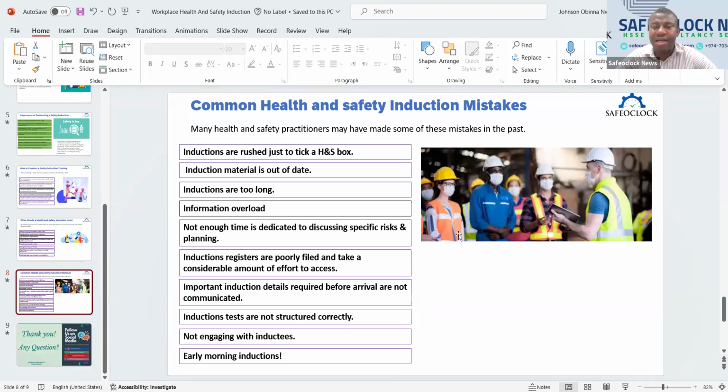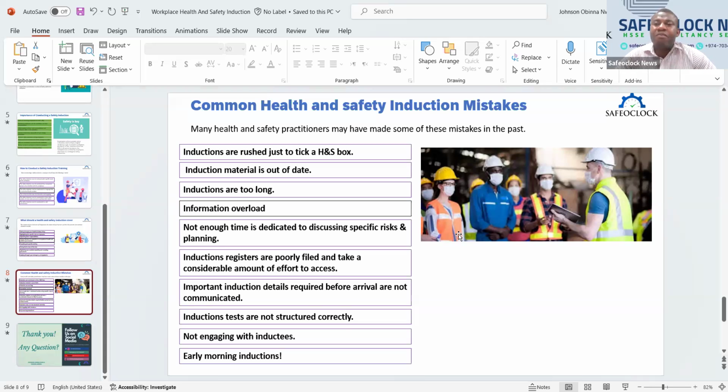Another mistake that health and safety professionals make is that important induction details required before arrival are not communicated. For instance, you require the inductees to have their PPE. Maybe you have some mandatory PPEs like coveralls, safety jackets, safety helmets, safety shoes, safety glasses.